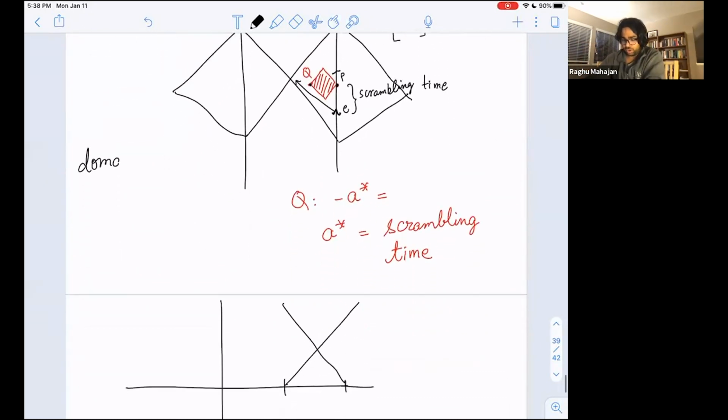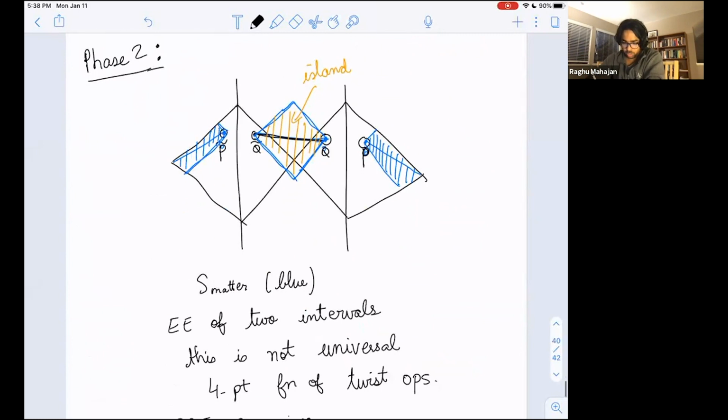But if you forget about these vertical lines in any of these diagrams that I've been drawing, this looks very much like the Penrose diagram of a flat space black hole, with some singularities here and so on. So it is actually not important, after you have realized this and done these computations. And indeed, Jeff Pennington's first paper on this worked directly with flat space black holes, and he was not working with this AdS glued to flat space. So we believe that the same formulas are true in higher dimensions and for flat space black holes.